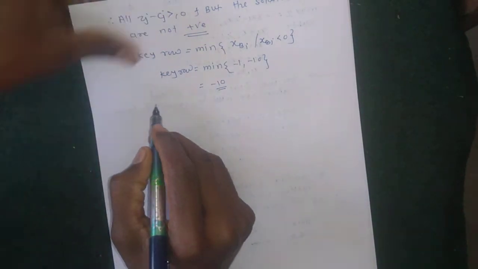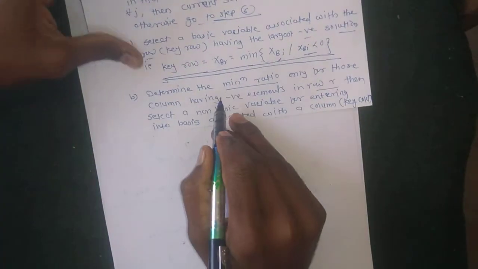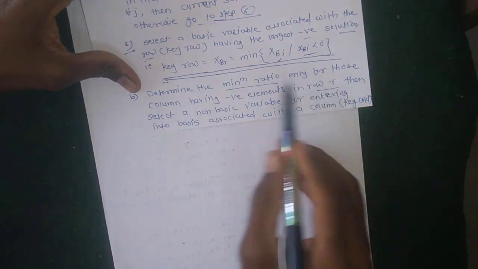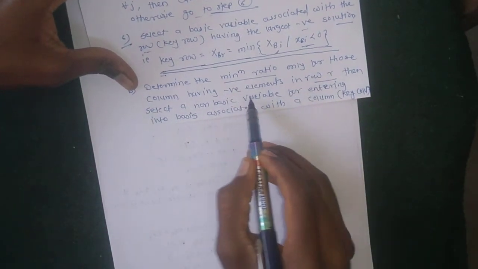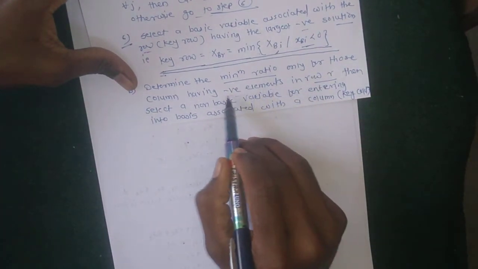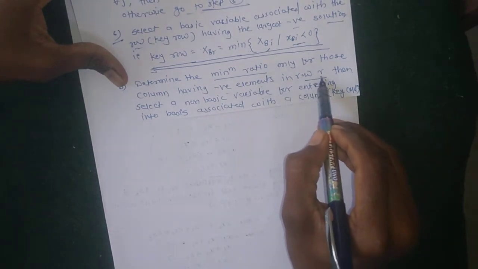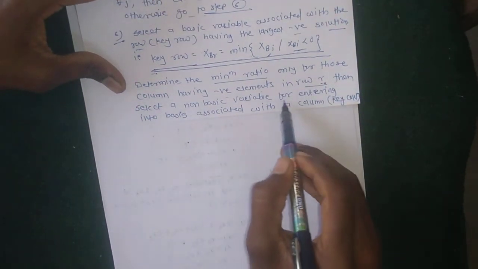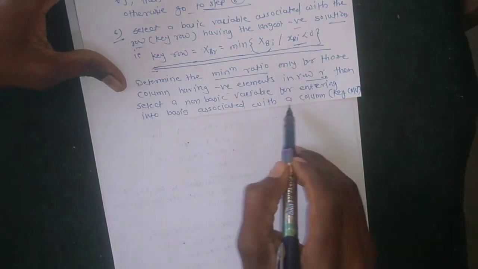And similarly, determine the minimum ratio only for those columns having negative elements in row R. Then select a non-basic variable for entering into the basis, associated with the key column.